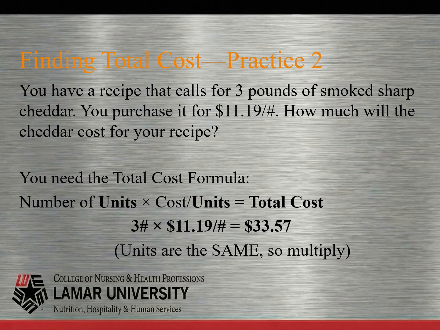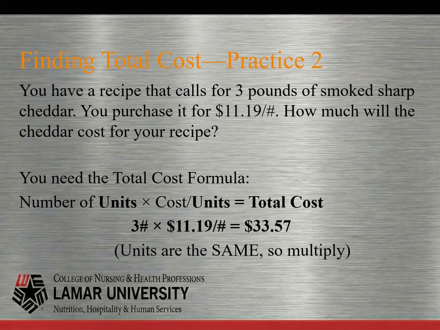So let's look at this problem. The recipe needs 3 pounds of cheddar. You buy it for $11.19 a pound. So check your units. Do they match? Yes, we have pounds in our quantity, and we have cost per pound.